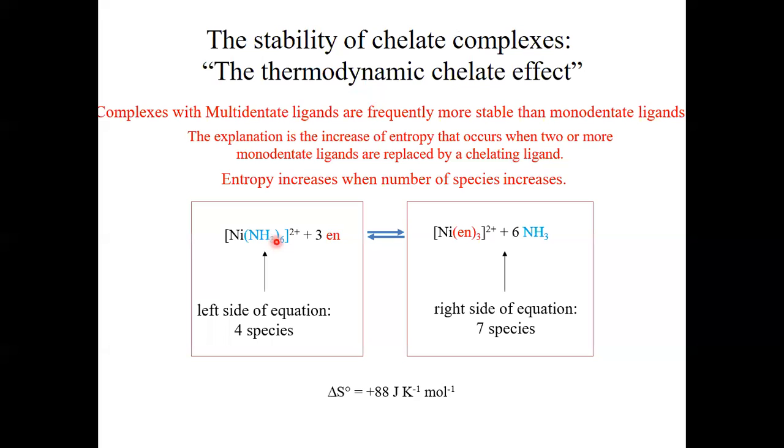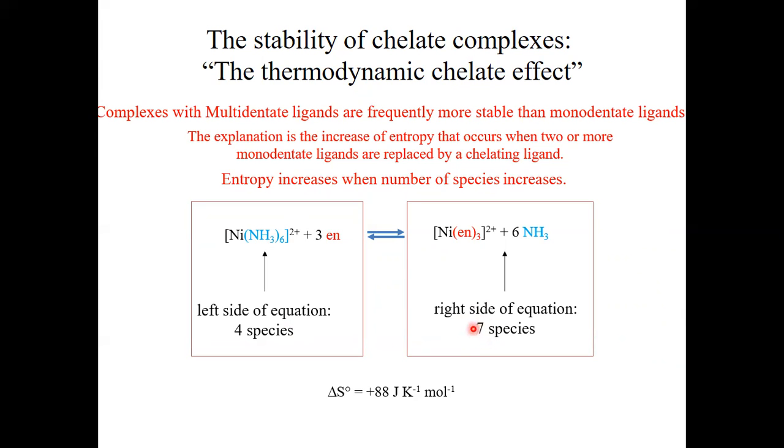So here we have a hexaammine nickel 2+ complex that reacts with 3 ethylenediamine molecules. We form a tris(ethylenediamine) nickel complex and 6 ammonia molecules. Now you can count the number of species here on the left side, and here we have 4 species, while here on the right side we have 7 species.